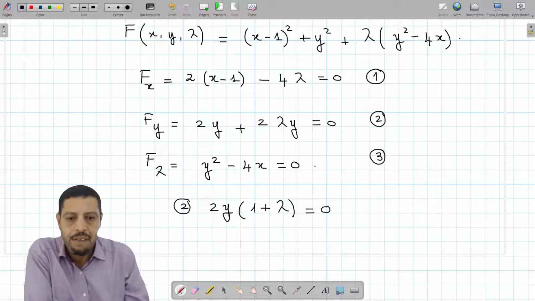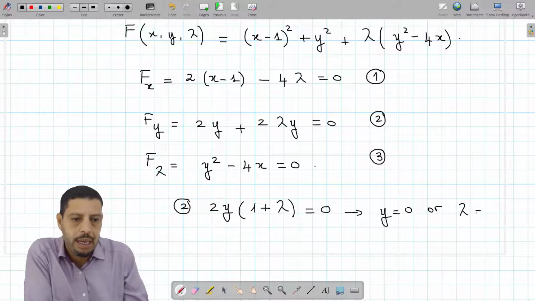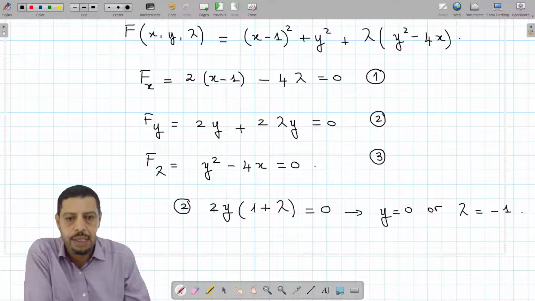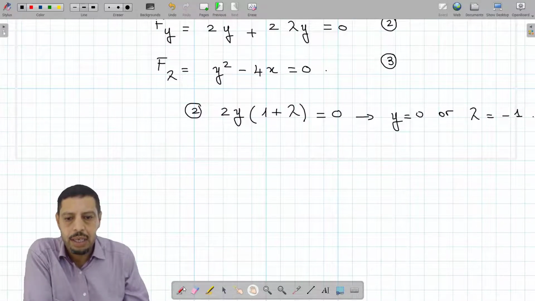So one of the terms here is equal to 0. So the solution here is either 2y equals 0, which makes y equals 0, or 1 plus lambda is equal to 0. It means lambda equals -1. So you have two possible cases to solve the second equation here.